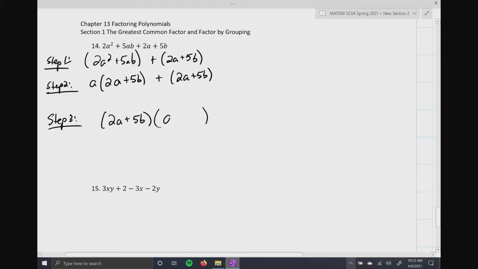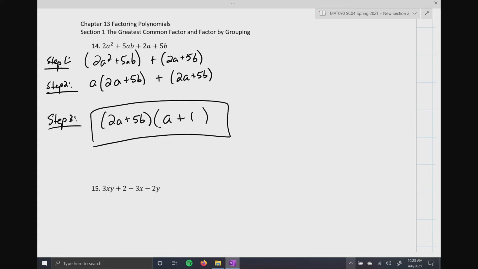And hopefully everybody can see that a plus 1 is left over. Does that make sense, everyone? Let me explain why real quick. We know that since the 2a plus 5b is inside the parentheses and it's common, we're going to factor it out.